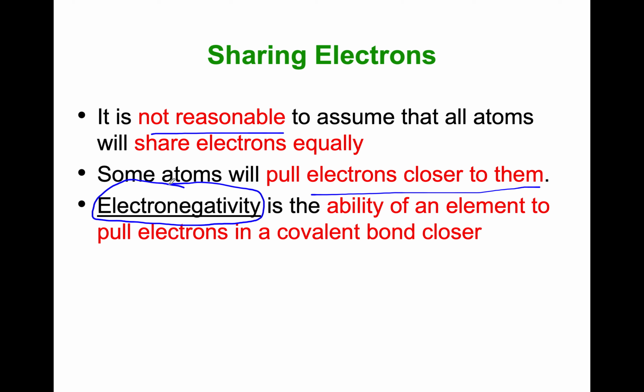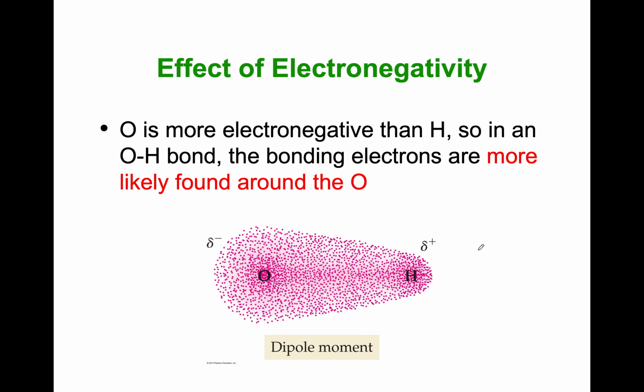How much will an element pull electrons in a bond to itself. Okay, so we're going to see another periodic trend like we saw before: size, metallic character, ionization energy. This will be another one, electronegativity, that we can look at the periodic table and estimate. So if we take a look here, what does this mean, electronegativity?